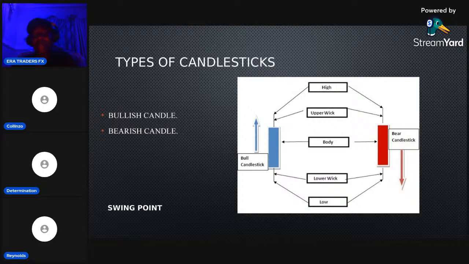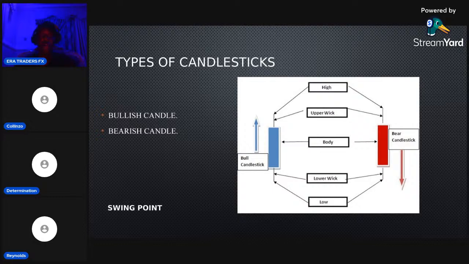For the 1 hour time frame, one candle is 1 hour, so after 1 hour a new candle is formed. For the daily time frame, one candle is 1 day, so every new day, a new candle is formed.